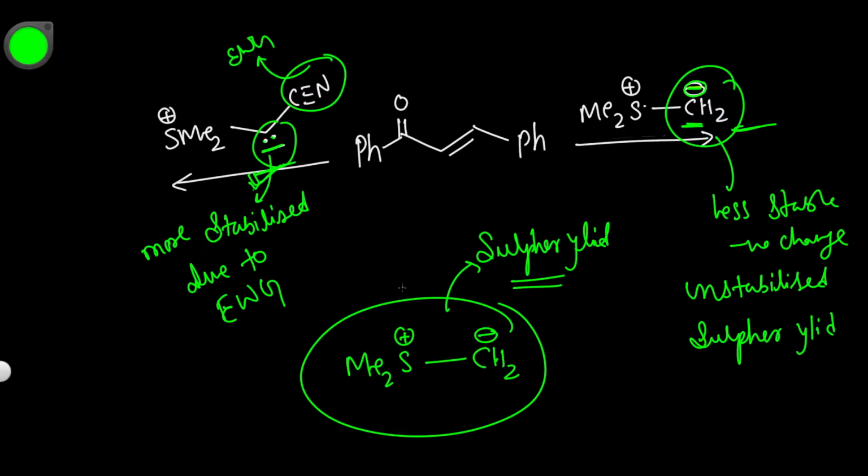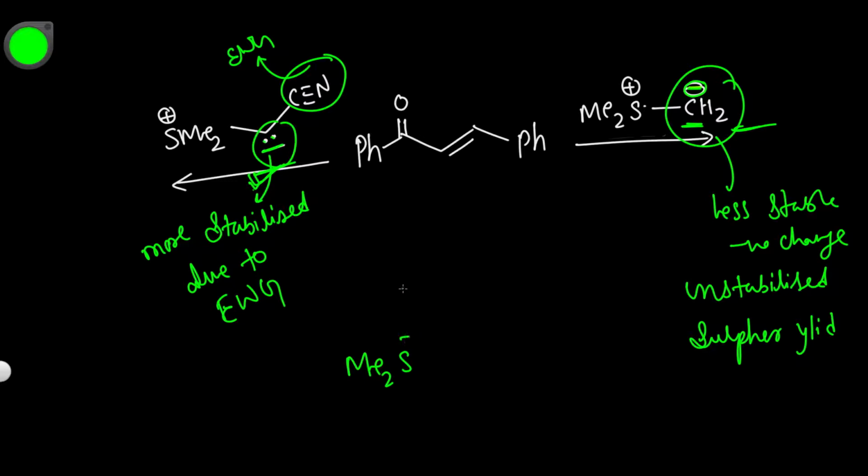So let me erase all this. Okay, just wait. So here we have Ph, double bond, double bond here, and here is a Ph. And I have taken here Me2S with a positive charge and we have CH2 minus.